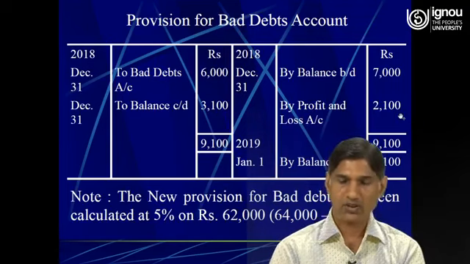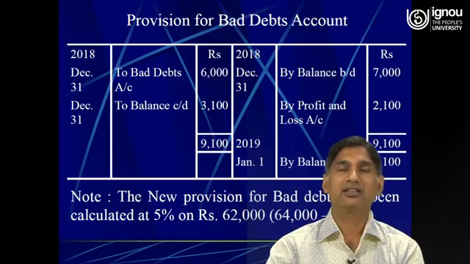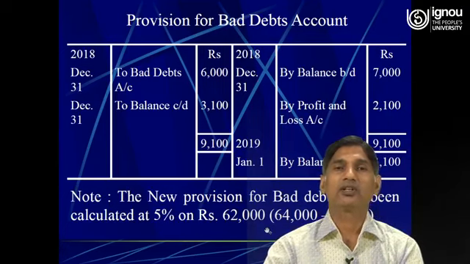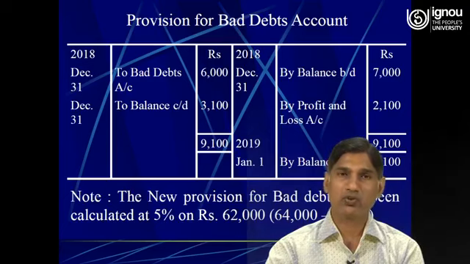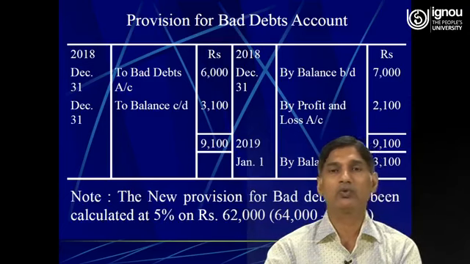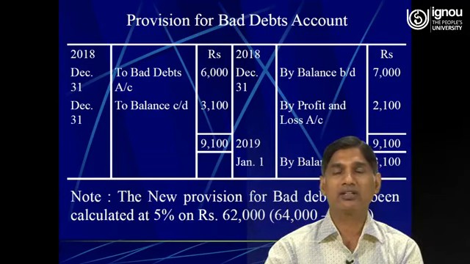And in the balance sheet the amount of the debtors was 64,000. So out of 64,000, two things should be subtracted: the amount of further bad debts and the new provision. The amount of further bad debts was 2,000.